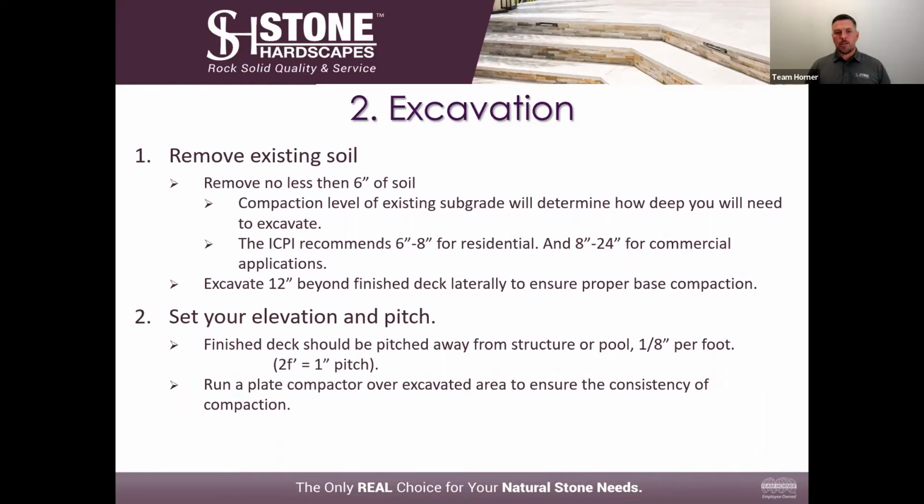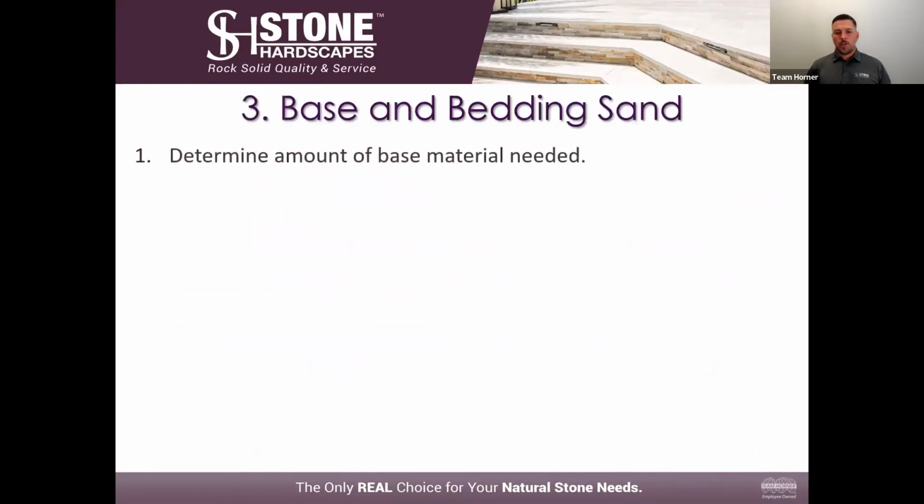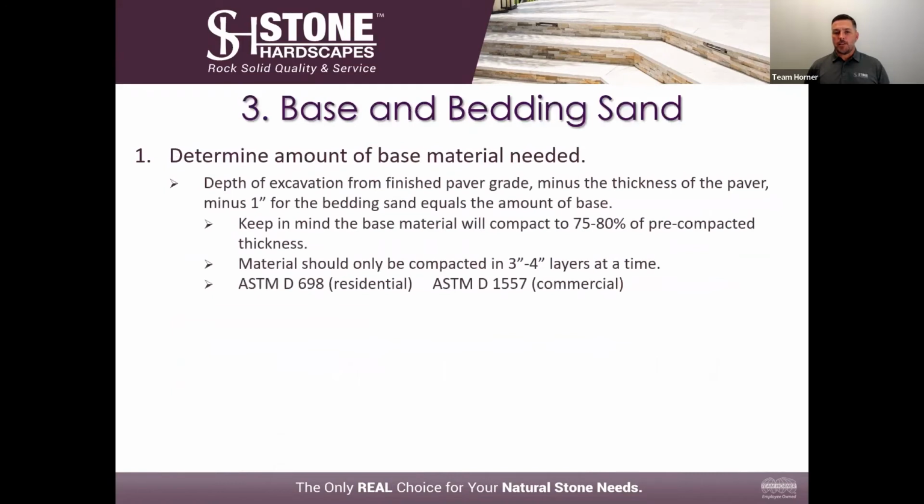Step 3 of the 7-step process is your base and your bedding sand installation. Now, to determine the amount of base that you need to put under your pavers, you want to take the thickness of the paver minus about 1 inch of bedding sand to your finished elevation.